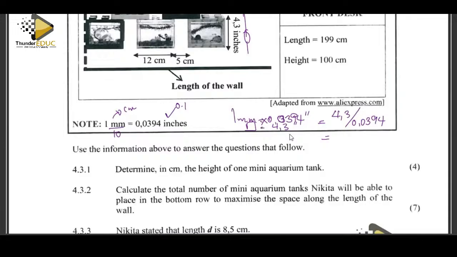So here the answer became, but remember we need to make it what? We have to make it centimeters. So we divide this by 10. So the answer became 10.91 centimeters.